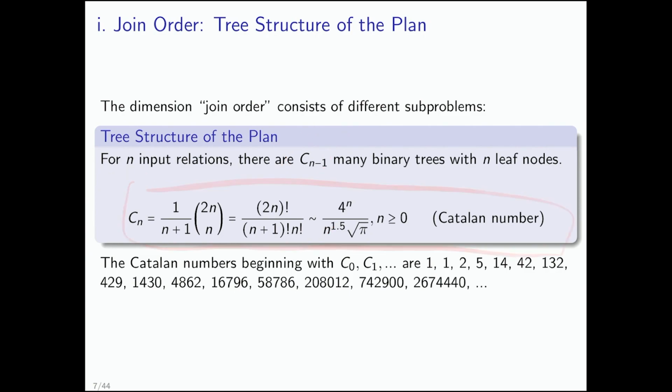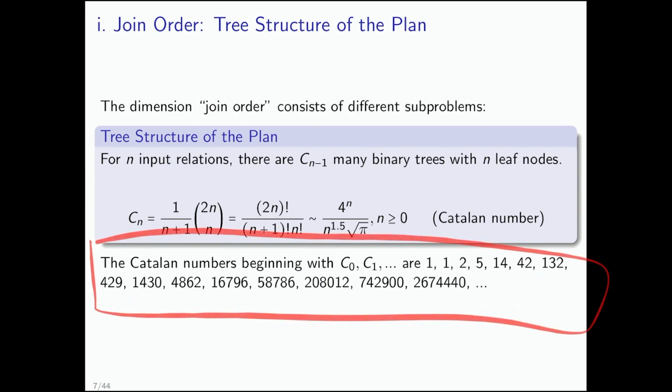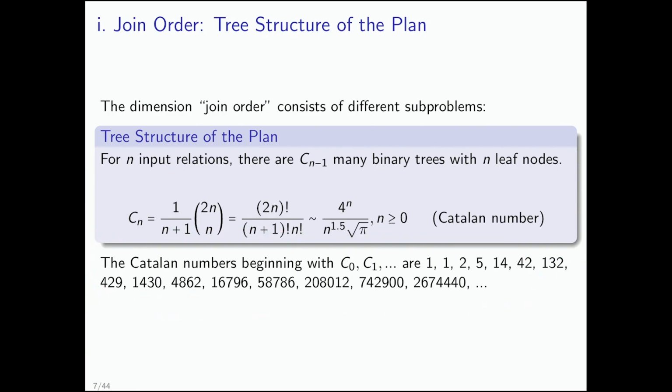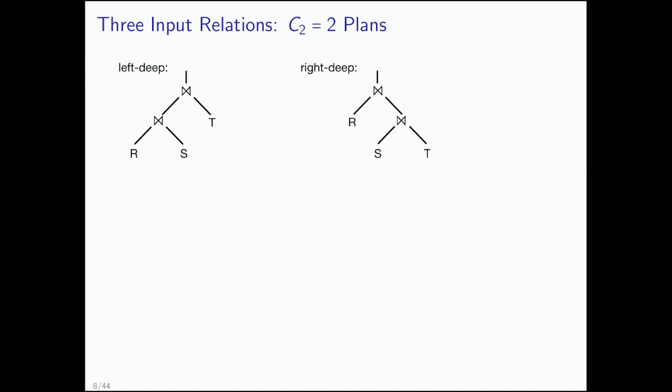It actually grows exponentially. You see here how this number grows. And here's an example. Assume you have 3 input relations. This means you have to compute the Catalan number 2, that is 2 plans. So for 3 input relations, there are only 2 options.